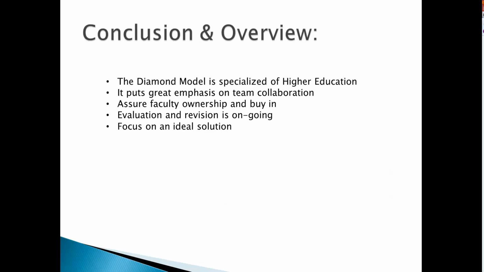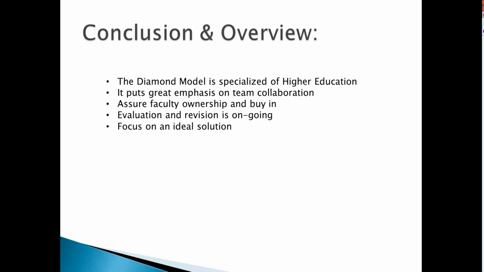In conclusion, and an overview, the Diamond Model, as mentioned, is specialized for higher education. It puts great emphasis on team collaboration, and it requires assurance that faculty take ownership and have the buy-in that this will be a successful project in order for it to be implemented correctly. Evaluation and revision is ongoing.